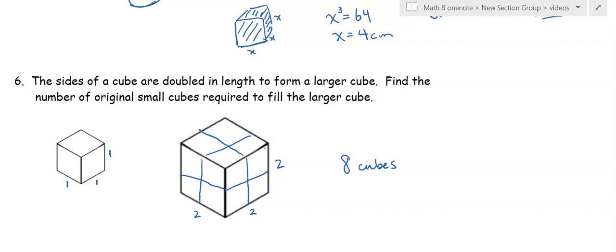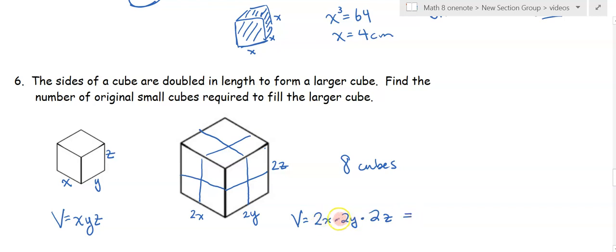So what we could do is, instead of using numbers, we could change this to x, y, and z, and then this would be 2x, 2y and 2z. It doesn't have to be a cube, it could be anything. So if I wanted to find the volume of this one, the volume would be x times y times z. The volume of this larger one would be 2x times 2y multiplied by 2z. 2 times 2 times 2 is 8.